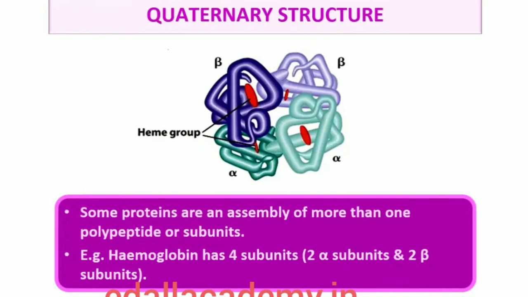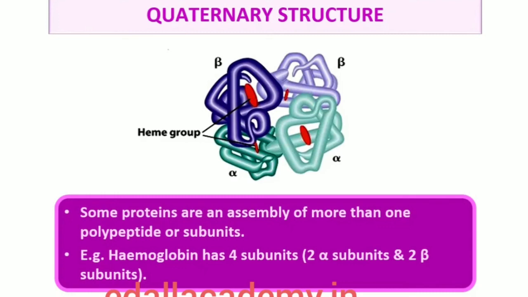Some proteins are an assembly of more than one polypeptide or subunits. The manner in which these individually folded polypeptides or subunits are arranged with respect to each other, for example a linear string of spheres, or spheres arranged one upon each other in the form of a cube or plate, is the architecture of the protein, otherwise called the quaternary structure of the protein.